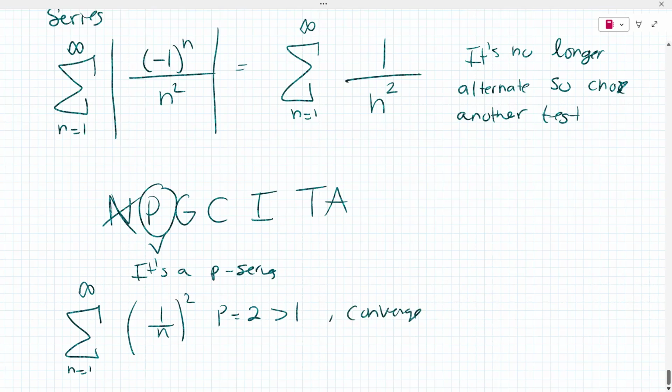So what did we have before? When we did the alternating part, it converges. And then when we did the absolute value, it converges. We have two convergences from the alternating series test and the P series test, so it's an absolute convergence.